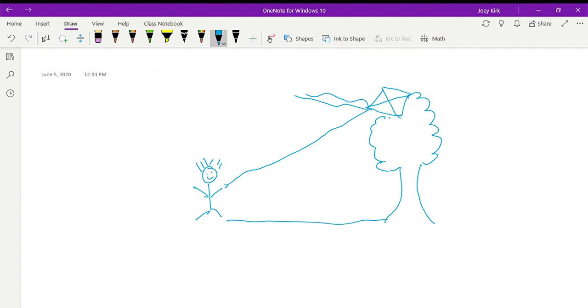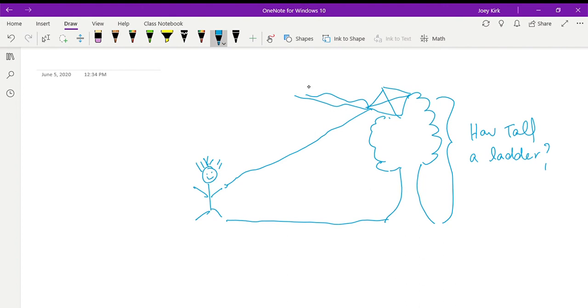Let's say you call your mom and she says, hey, I'll bring you a ladder. And you're like, okay, but how tall a ladder do I need? Well, you can figure this out a couple of ways. You could measure the tree, but that might be too hard.